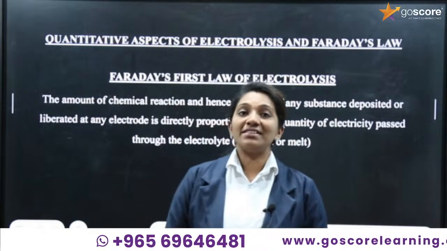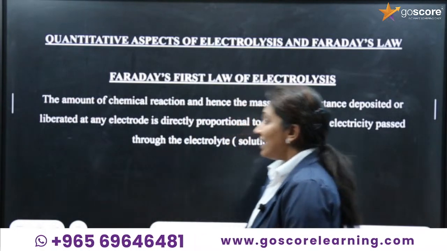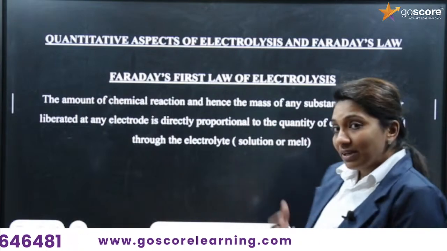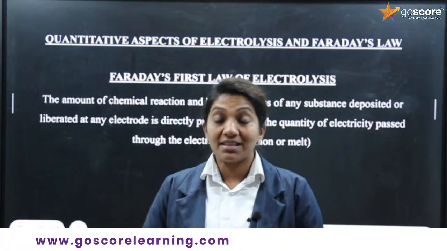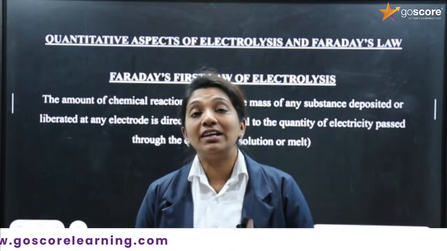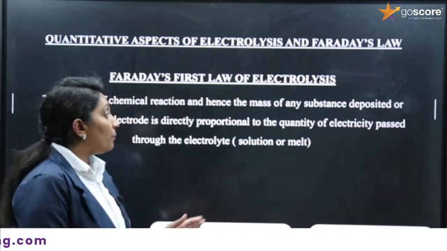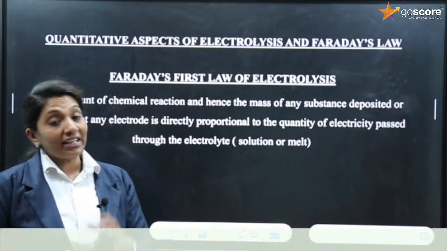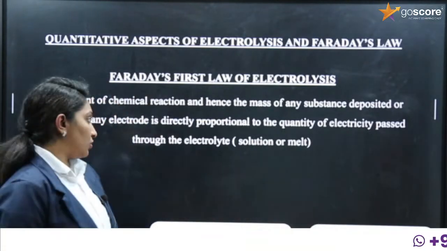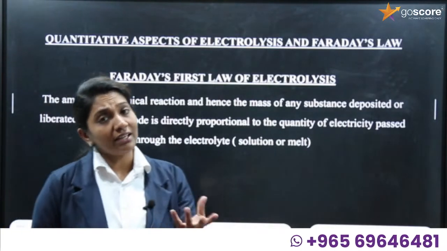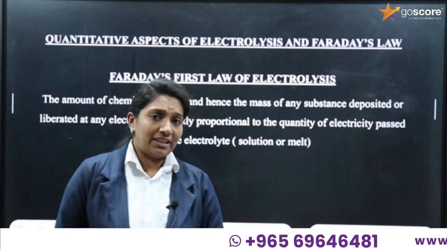According to the first law of electrolysis, the amount of chemical reaction, that means the mass of the substance that is either deposited or liberated at the electrode, is directly proportional to the quantity of electricity passed through the electrolyte. We know that only the melted or the aqueous solutions will conduct electricity.